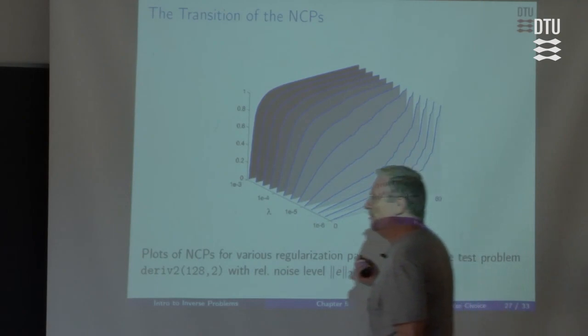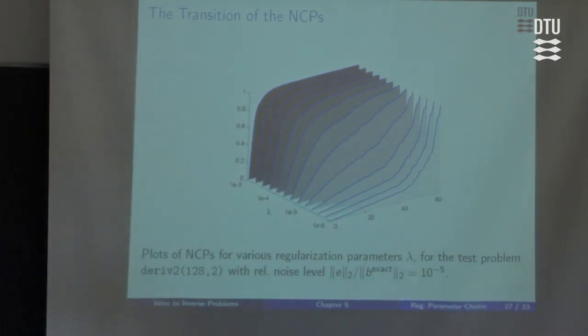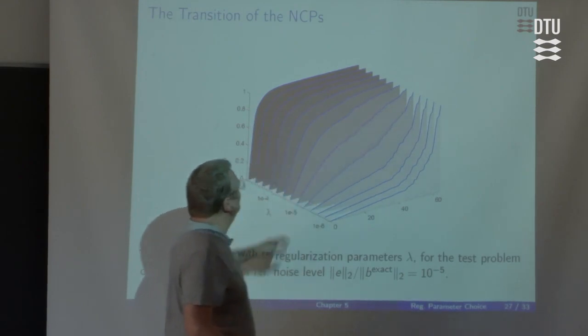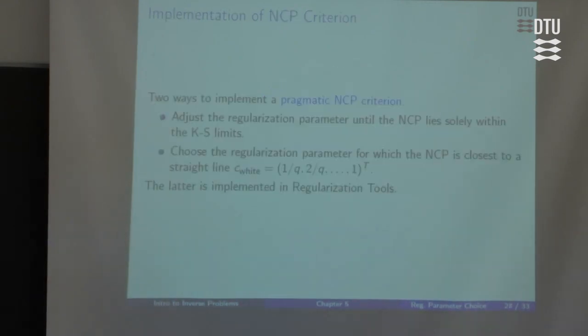So according to this principle, this is exactly when we have extracted all the signal, and what is left in the residual is something that resembles white noise. So we're getting closer now to having a method here. We should adjust lambda until we get a curve that looks as much as possible like a straight line.